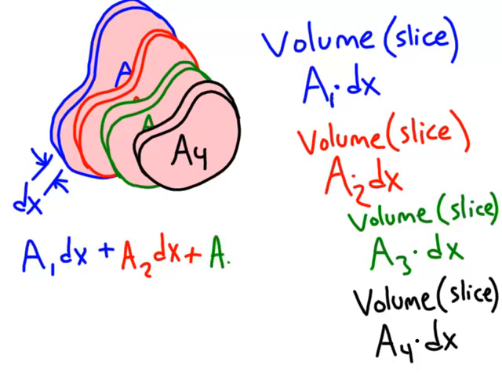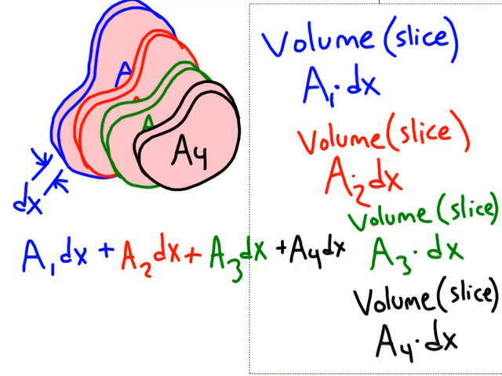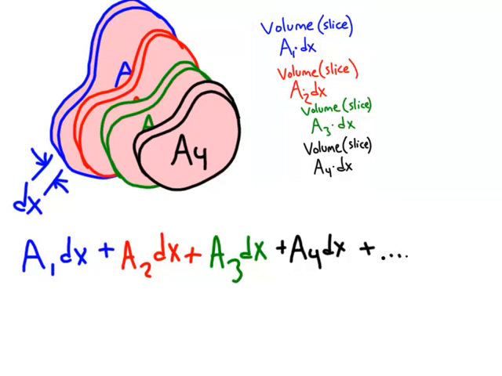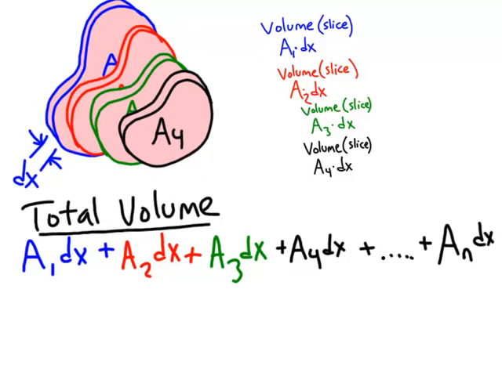So A3 dx plus A4 dx. And of course, in reality, this would go on quite a bit longer. We'll just say up to A sub n dx. And of course, we notice that the dx is a common factor here.